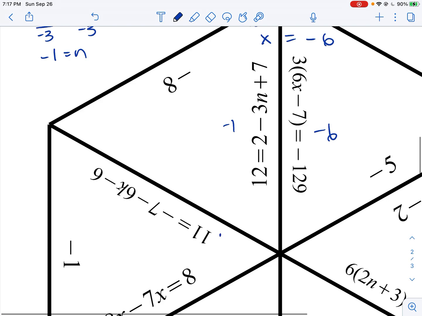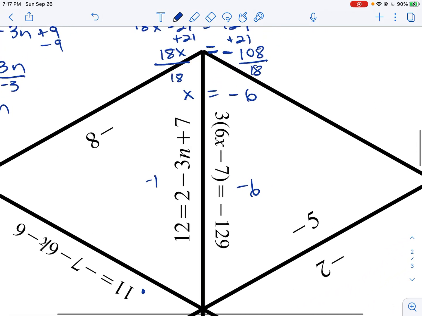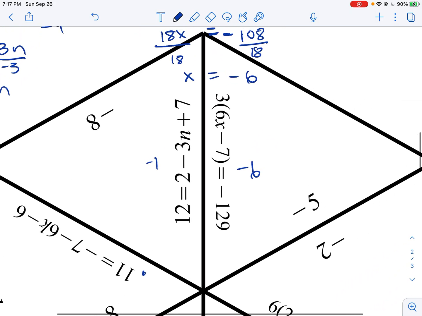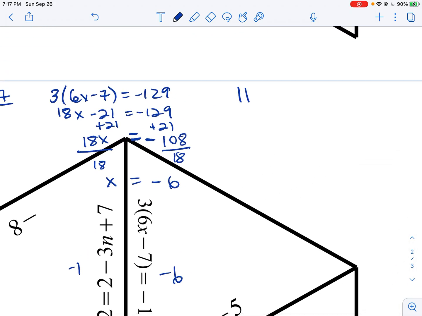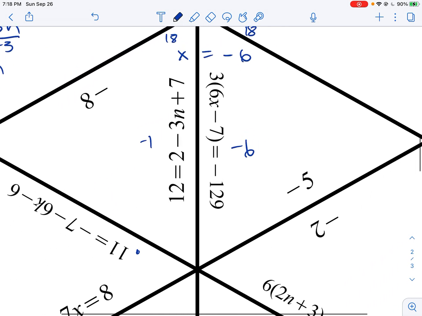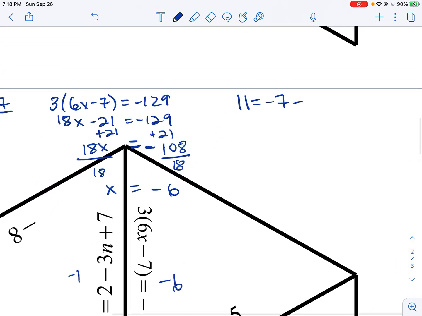I'm actually going to do this one right here up top, just because there's not a lot of space right there. So 11 equals negative 7 minus 6k minus 6. So I combine like terms. They both have negatives.